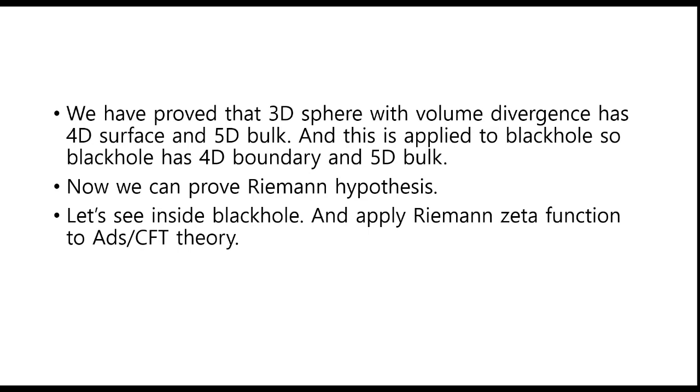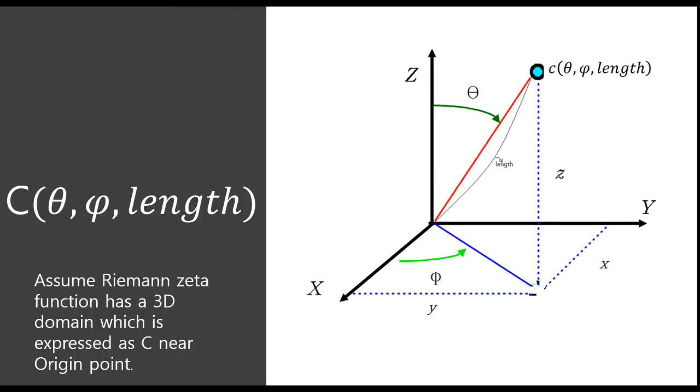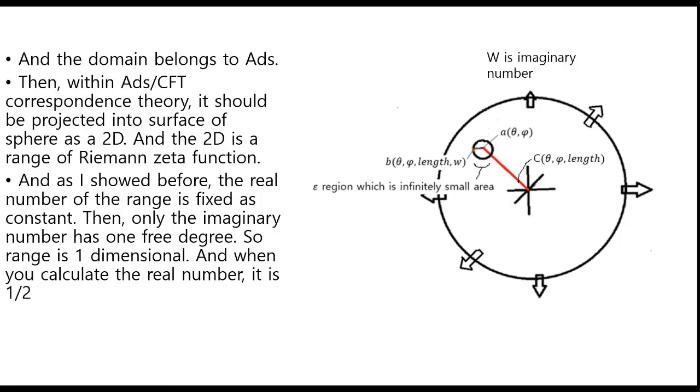Let's look inside black holes and apply the Riemann zeta function to AdS/CFT theory. Assume the Riemann zeta function has a 3D domain which is expressed as C near the origin point, and the domain belongs to AdS, then within AdS/CFT correspondence theory it should be projected onto the surface of a sphere as 2-dimensional, and the 2-dimension is the range of the Riemann zeta function. And as I showed before, the real part of the range is fixed as a constant, so only the imaginary part has one degree of freedom, so the range is 1-dimensional, and when you calculate the real part, it is half.